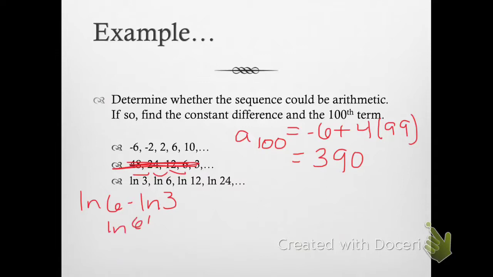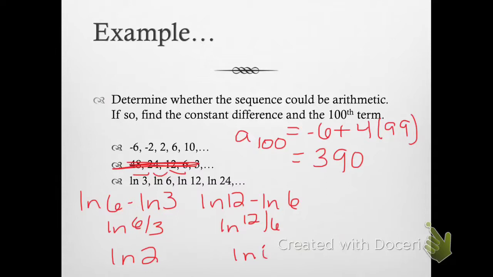Using the properties of logs, we can actually reduce that down to the natural log of 2, and that'll happen again with the next one. So we have a common difference in this one of the natural log of 2. So pause this if you need to jot that down because I'm going to erase it.